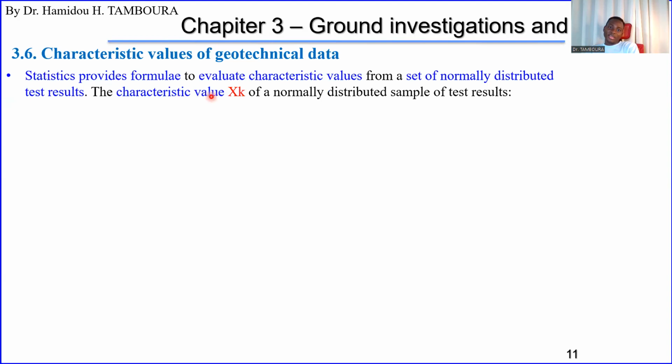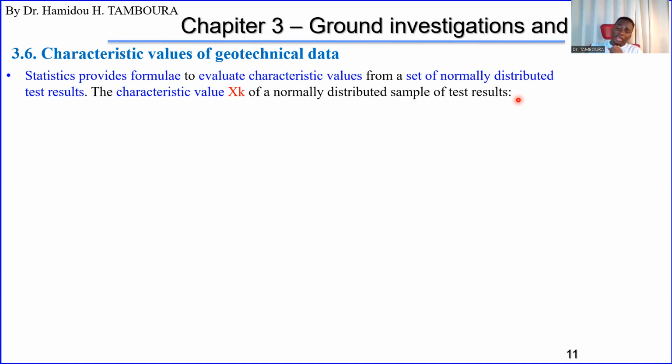Let's say the characteristic value is xk, of a normally distributed sample of the test results. In probability or statistics, you have normal distribution.